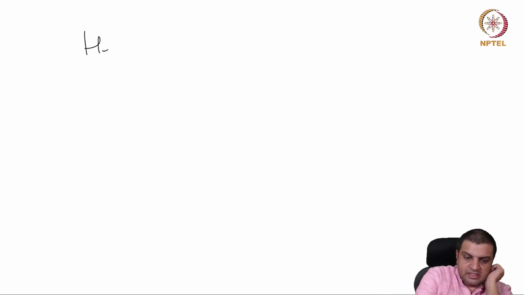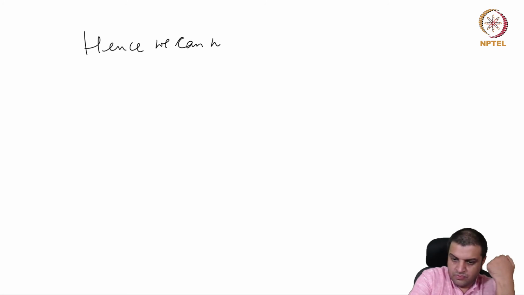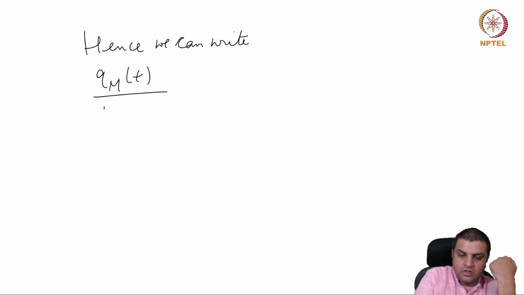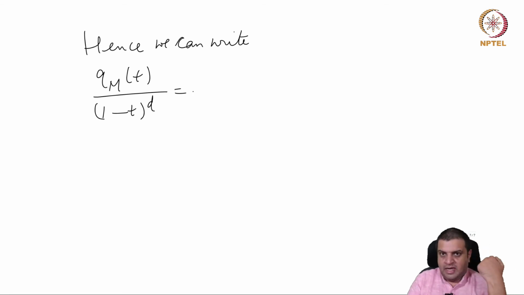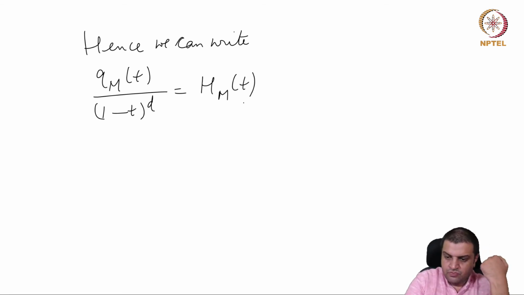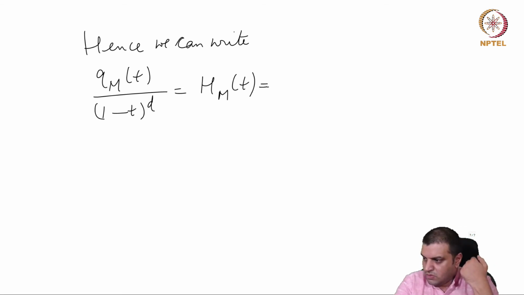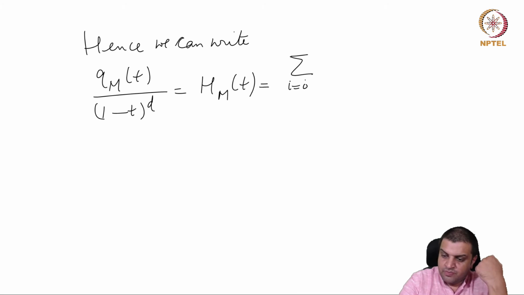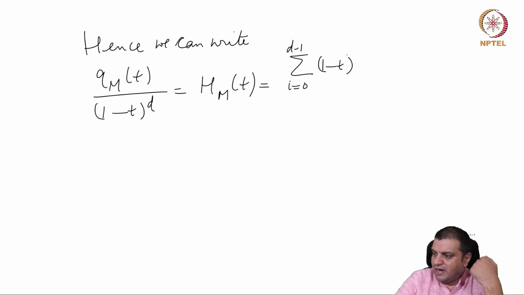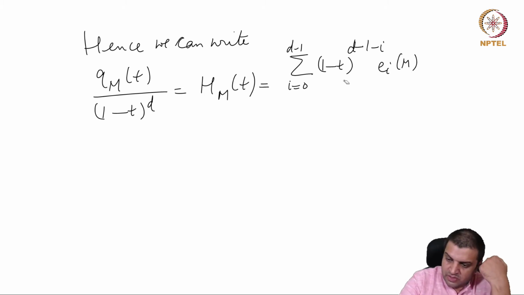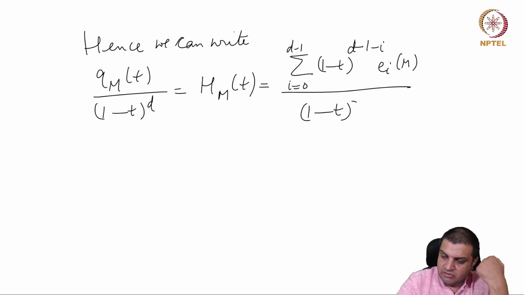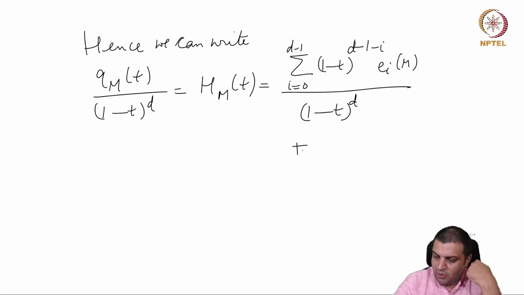Hence we can write Q_m(t) over 1 minus t to the d as H_m(t), which is, now we only worry about up to d minus 1, the sum of 1 minus t to the d minus 1 minus i times e_i(m), since we have now divided by n minus d on both sides, the entire sum divided by 1 minus t to the d, plus some Laurent polynomial.